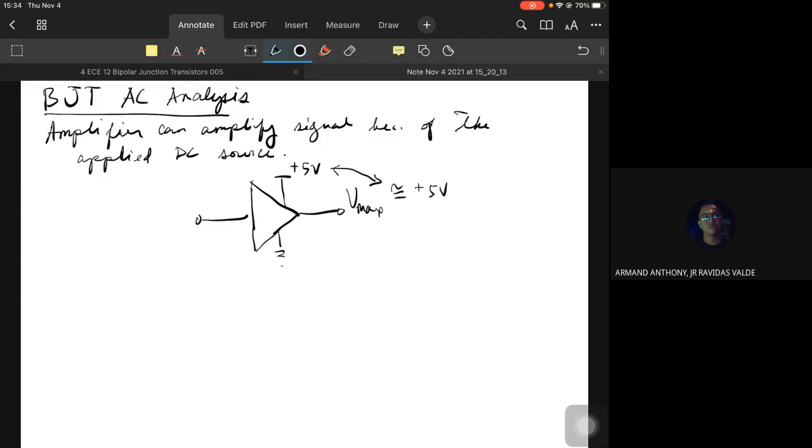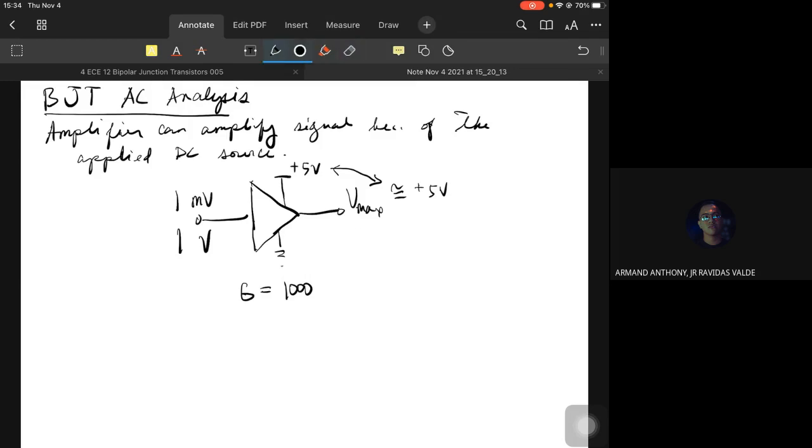If the input is 1 millivolt and our gain this time is 1,000, then the expected output is 1 volt. Okay, because it's still lower than VCC. But if my input is 1 volt and the gain is 1,000, multiplying 1,000 by 1 volt supposedly gives 1,000 volts, right?